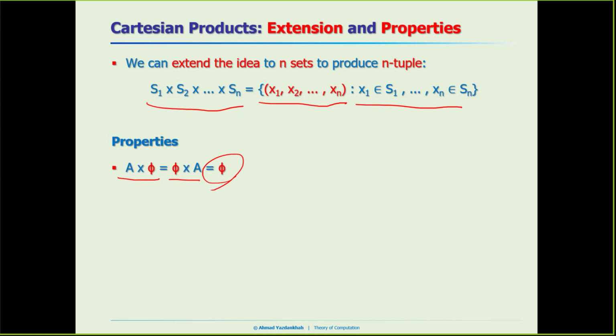I ask in an exercise in the next slide to prove this. Another property is that the Cartesian product does not have a commutative law. Actually there are more properties, but these two are important for us.